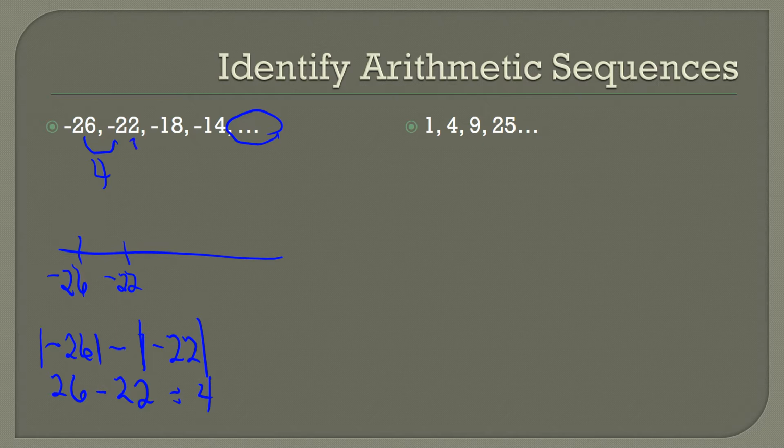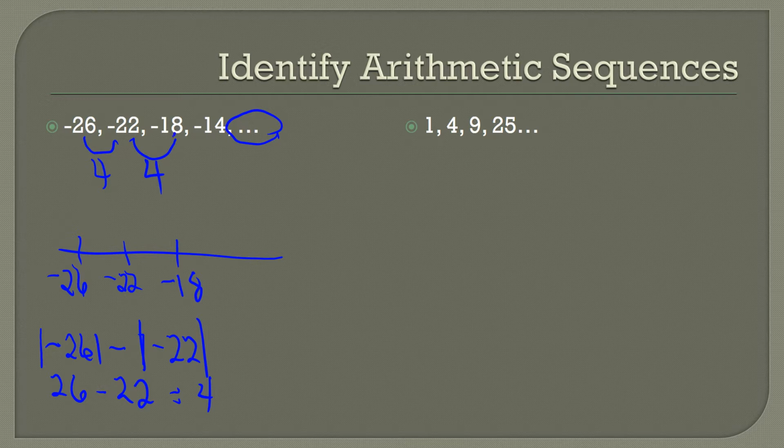If I go from negative 22 out here to negative 18, I can see that I also have a common difference of 4. Or if I took the absolute value of negative 22, which is 22, and subtracted from it the absolute value of negative 18, which is 18, well, 22 minus 18 is 4.